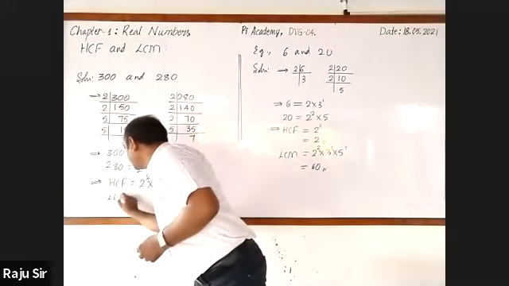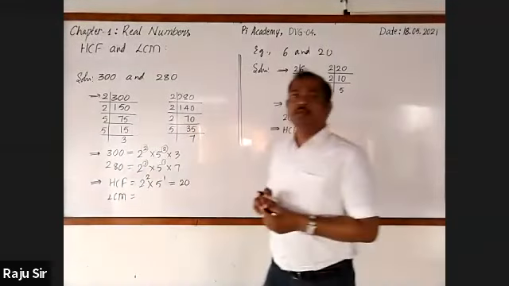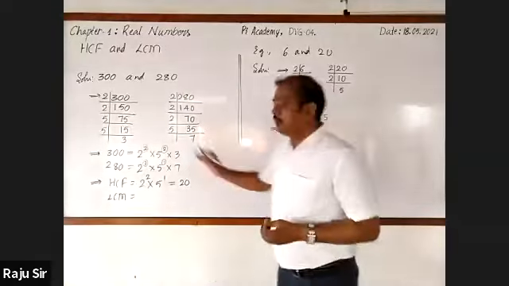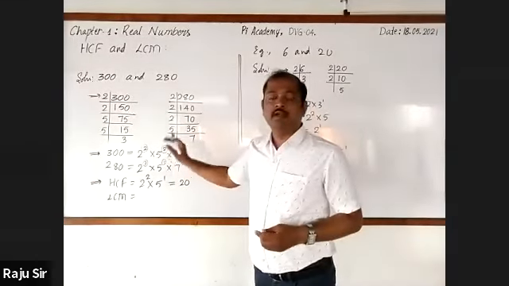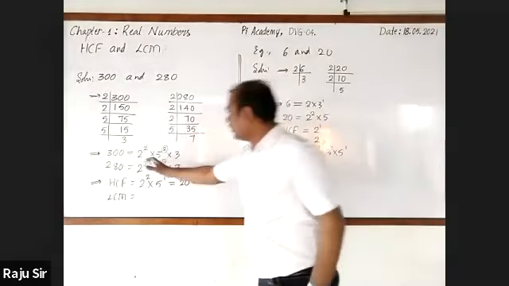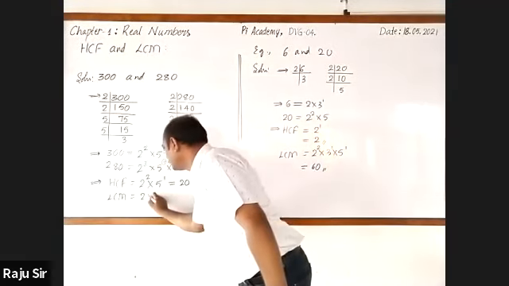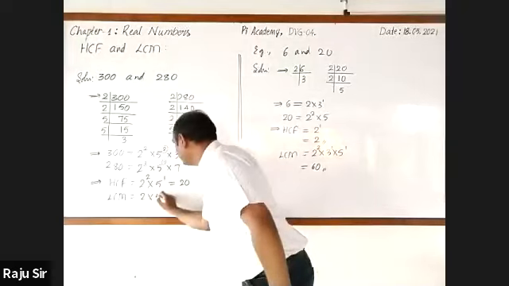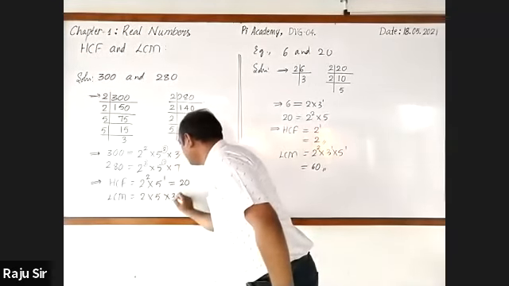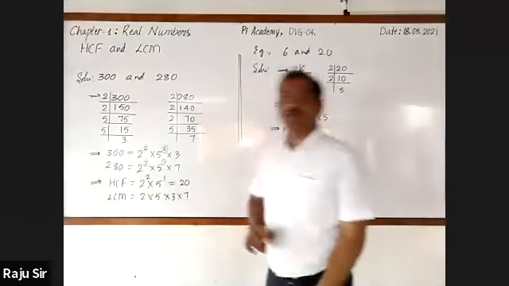Next, LCM. To find out the LCM, we will go for considering all the factors. What all the factors are there? Let's write them. Here there is 2, here is 5, 3 is there, and also 7.